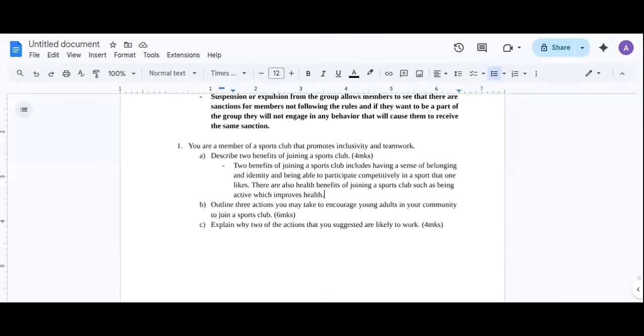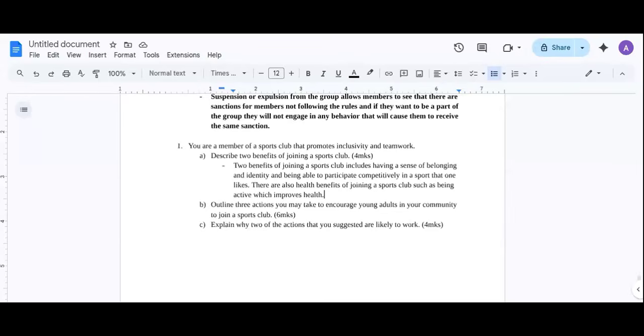So we have using social media, handing out flyers, having community programs, well, community events in the sporting discipline. We could also say advertising on social media, and have well-known coaches or athletes in the sporting discipline come and conduct workshops in the community.